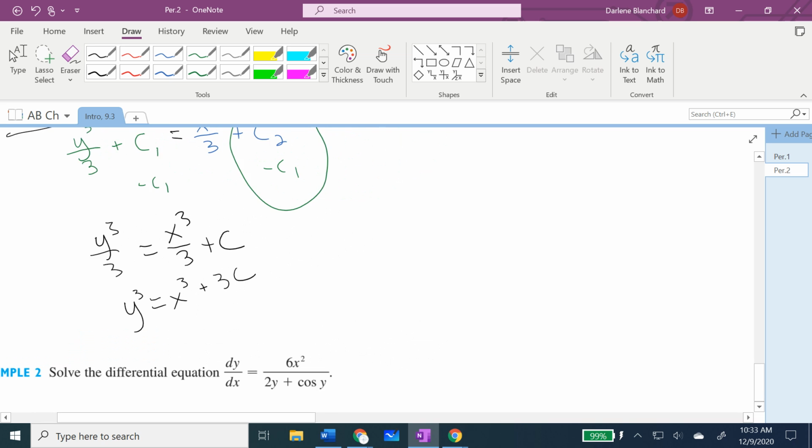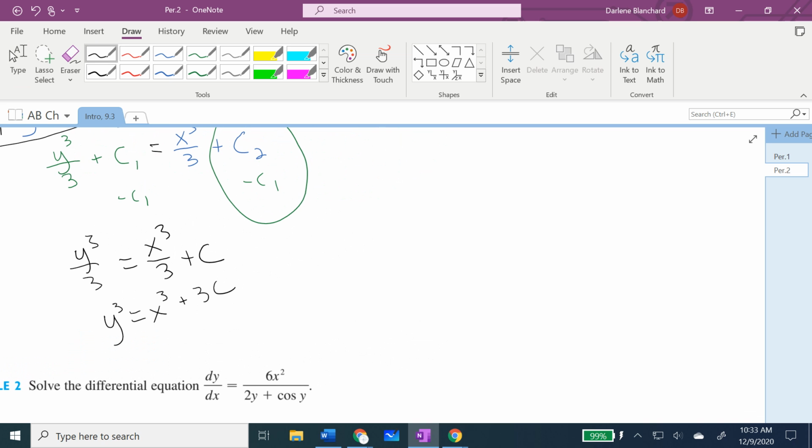Now, if you are doing this formally, it is important that you don't use the same symbol twice. I used a C sub 1 and a C sub 2 and a C. So what I'm going to do this time is I'm going to just put a C sub 3, although I think that might be too many threes. How about, I'll put a plus capital K.